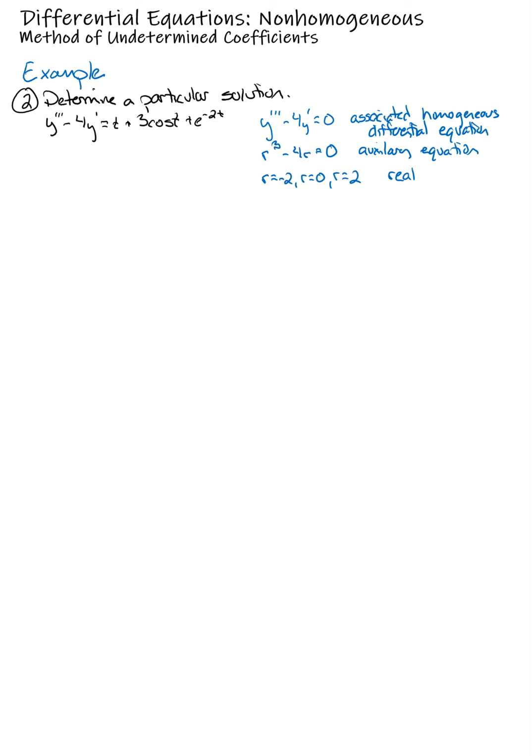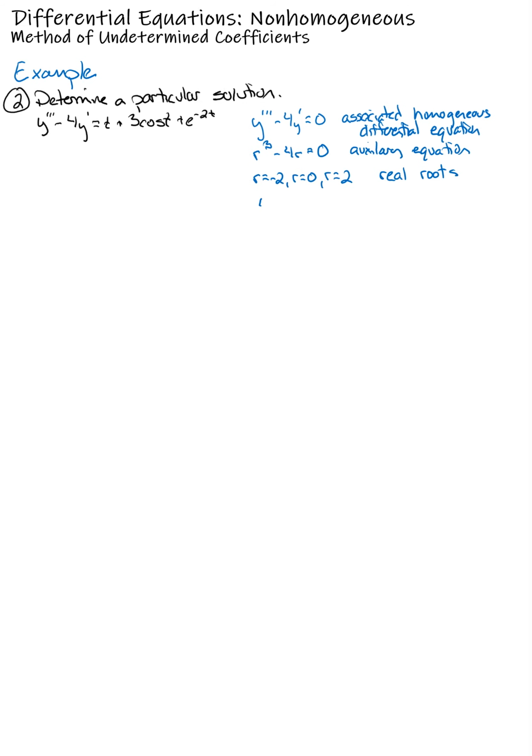These are all real roots, which tells us that the solution to this associated homogeneous equation, which I'll call y sub c, has the form: it's going to have a constant, I'll call it c1. That's from the root r equal to 0.